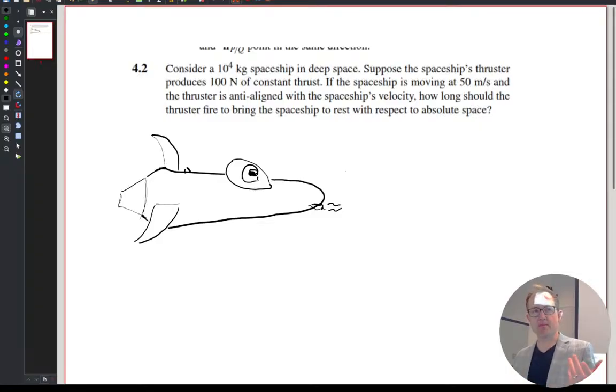But they're pretty big, like 10 to the 4 kilograms. That's a lot of mass, so it's hard to get that into one point. But usually the motion takes so long compared to how long it takes to rotate that it's fine to say, if we need to rotate, we'll have plenty of time before we thrust. So it's just a point mass with thrust going in any direction that you want, for our physical model.